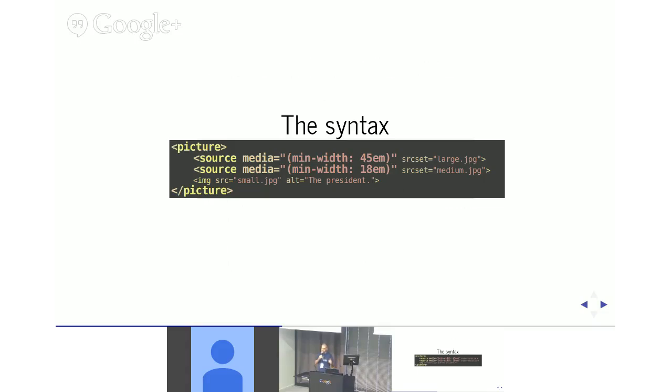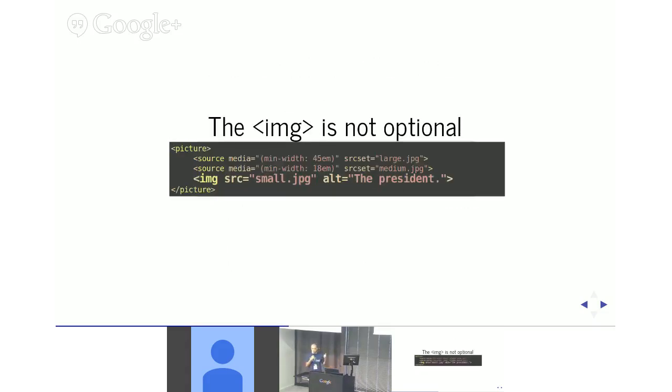One big difference with the original picture proposal is that the fallback image here is not optional. If it's not there, nothing is displayed. The reason is that image is driving the selection. Basically, image is looking at its parent, then going down to its children, and goes over the source elements until it encounters itself.